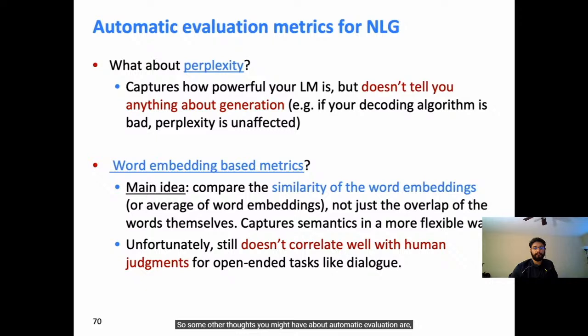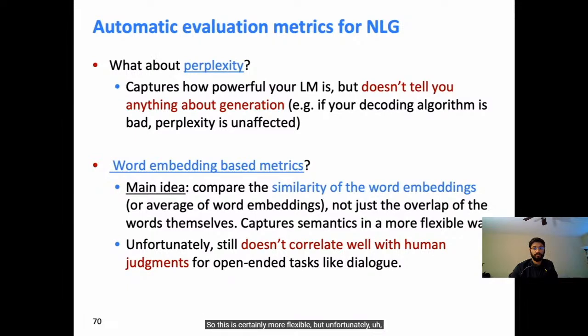So some other thoughts you might have about automatic evaluation are, well, what about word embedding based metrics? The main idea with word embedding based metrics is you want to compute the similarity of the word embeddings, or maybe of the average of the word embeddings across the sentence, not just the overlap of the words themselves. So the idea is that rather than just being very strict and saying only the exact same word counts, you say, well, if the words are similar in word embedding space, then they count.